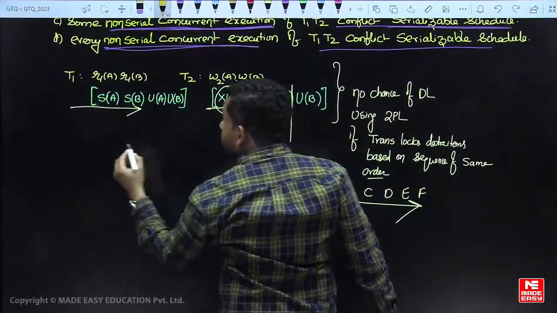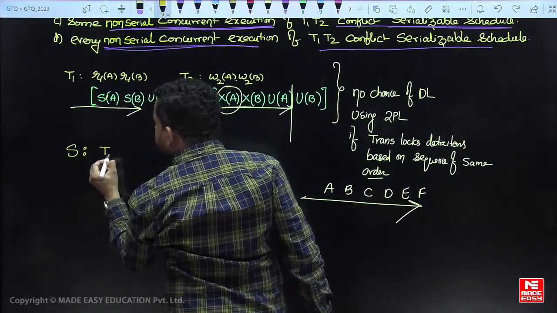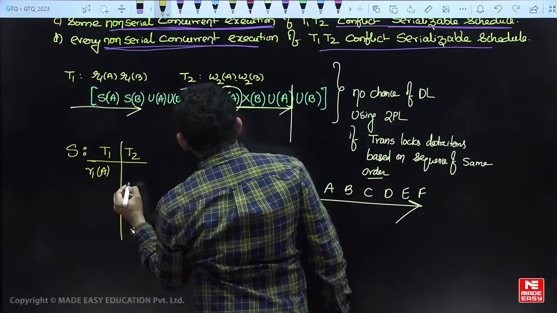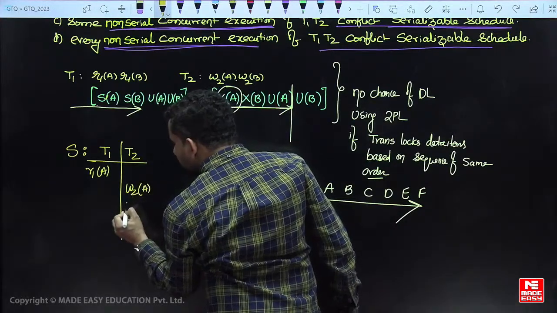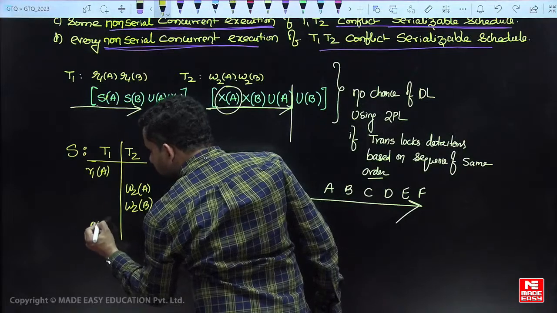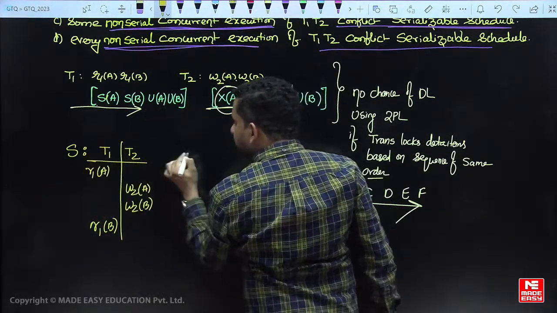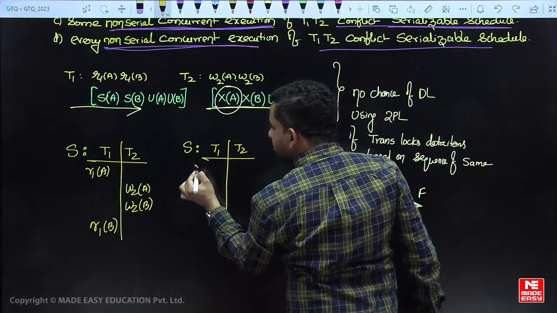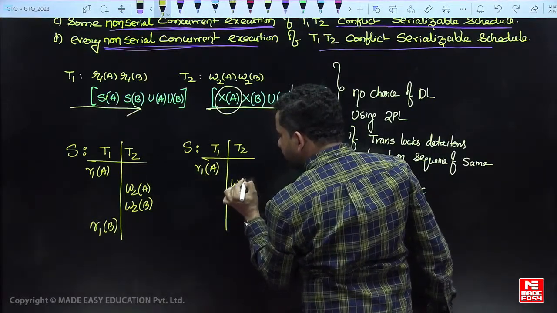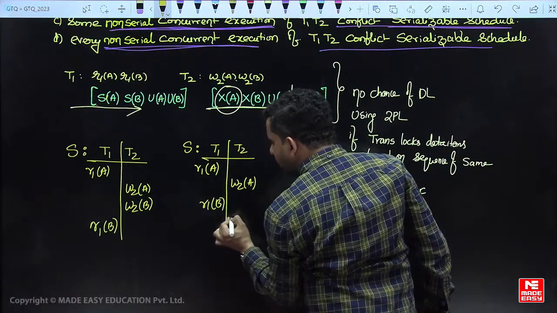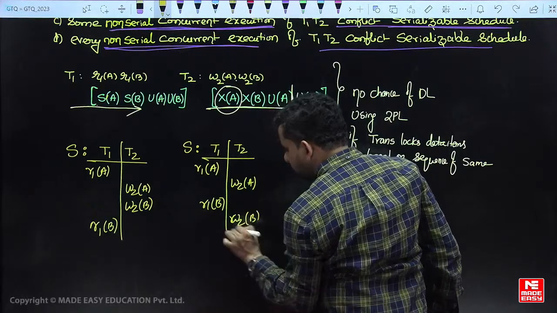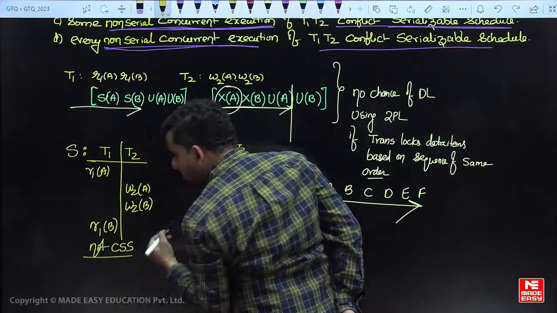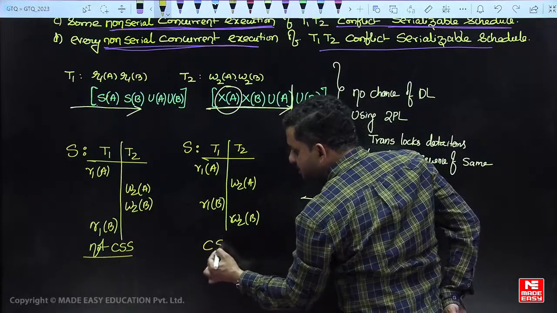You can take two non-serial schedules. In the first, T1 reads A, then T2 writes A, T2 writes B, and T1 reads B. In the second, T1 reads A, T2 writes A, T1 reads B, and T2 writes B. Out of these two, one is not conflict serializable because of a cycle in the precedence graph, and the other is conflict serializable.